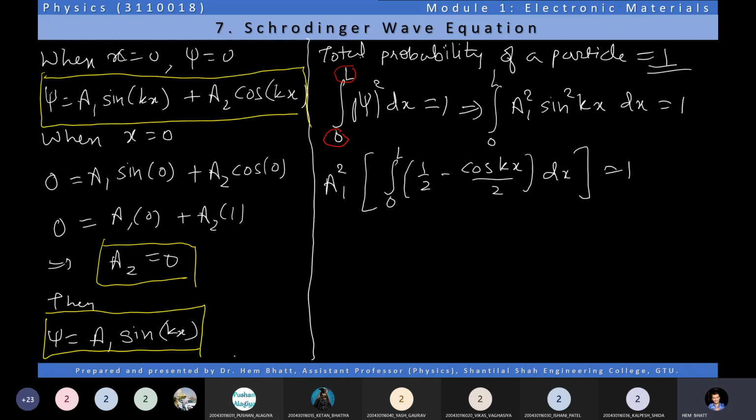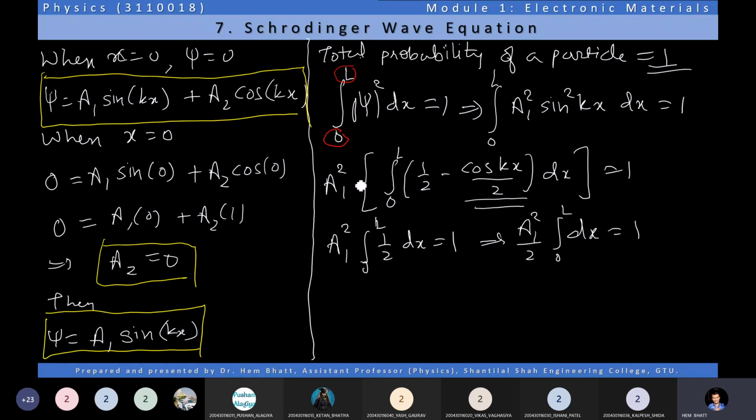Okay, so now integration of this term will be 0. આનું તમે સંકલન કરો તો આન્સર 0 આવશે, કારણ કે એક સાયકલ ઉપર cos છે એનો સરવાળો કરો તો 0 આવે. So what we get is A1 square, 1 by 2 dx is 1. That is A1 square by 2 integration 0 to L dx is 1. હવે આનો ઉકેલ તમારે મને કહેવાનો છે.